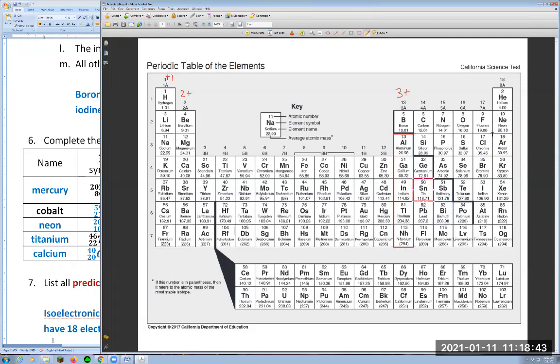So they are not predictable, because they can make more than one kind of ion. All the ones we have seen up to now are predictable: the alkali metals always make +1 ions, the alkaline earth metals always make 2+ ions, and aluminum, gallium, and indium from group 3A always make 3+ ions.